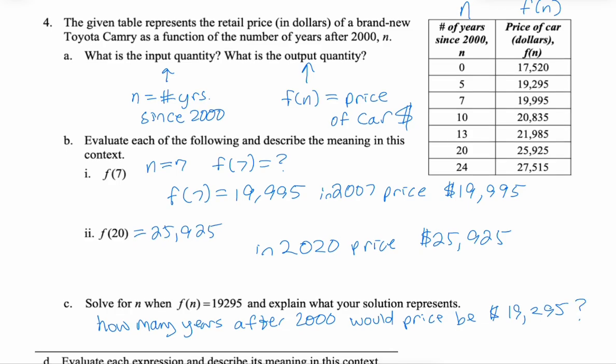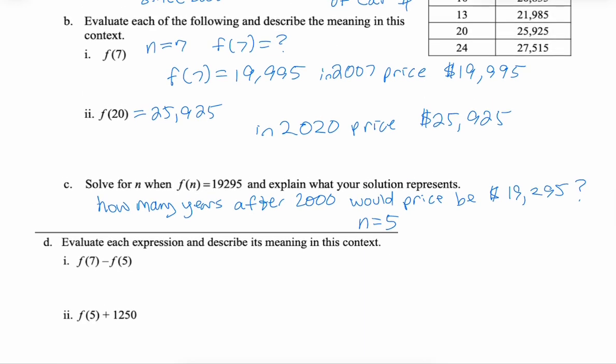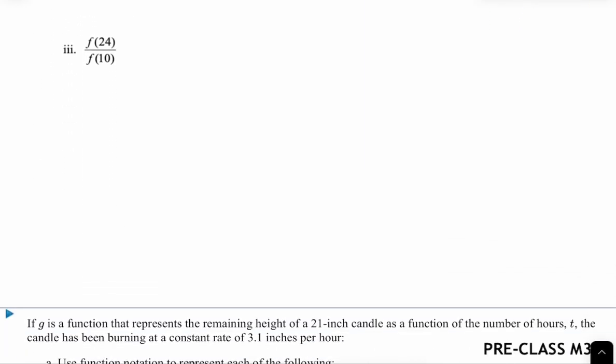So when they say that f of n is 19,295, they have given us the dependent variable. We need to find the n, or the independent variable that goes with it. So just look for 19,295 up on the chart, and the answer would be 5. So 5 years after 2000, or in 2005, that's the price that we would expect to have for the Camry.